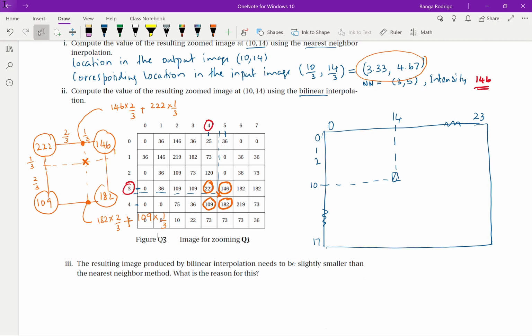Okay, I will let you do this calculation because I cannot work with the calculator right now. So call this A, call this B.